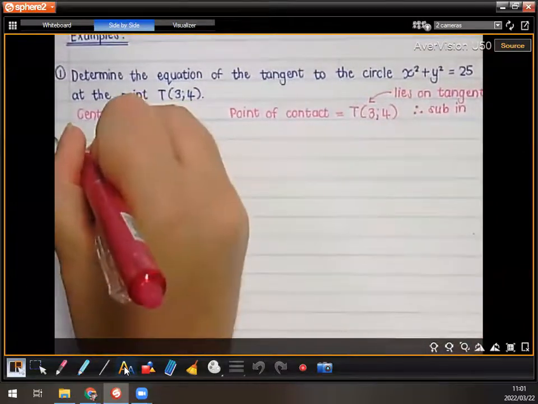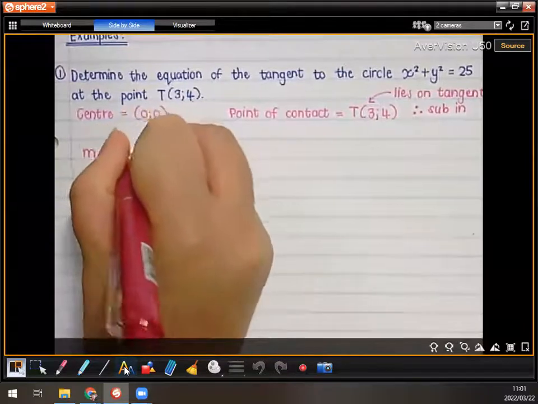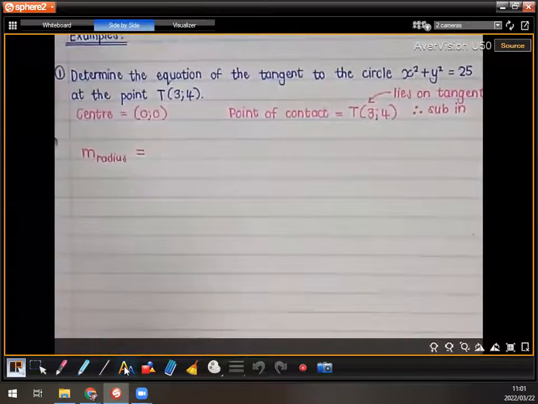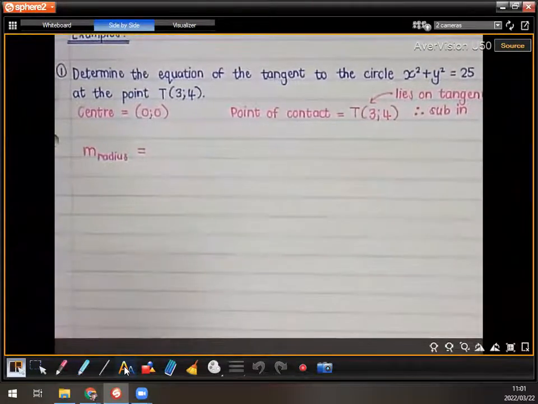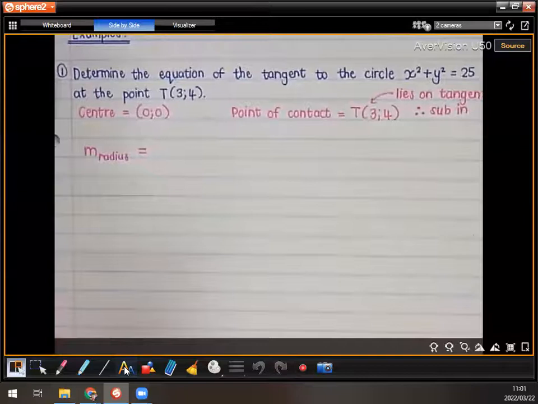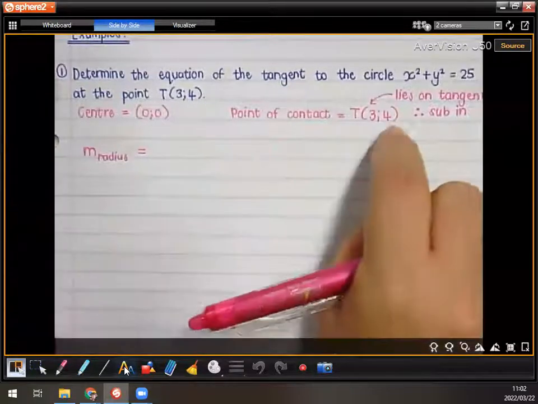Okay, so first we're going to find the gradient of the radius. You can write m of r when you're doing this yourself, but for the first example, let's just write it out properly. Gradient of the radius, change in y over change in x. Okay, so with the 2 points that we have, the center and the point of contact.